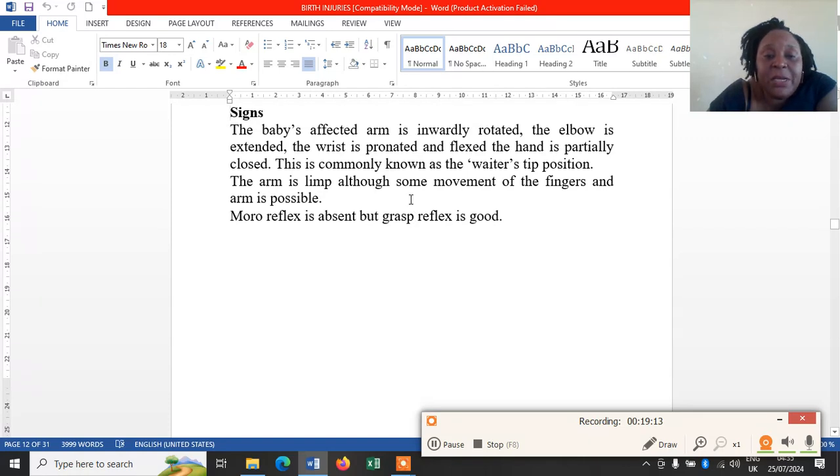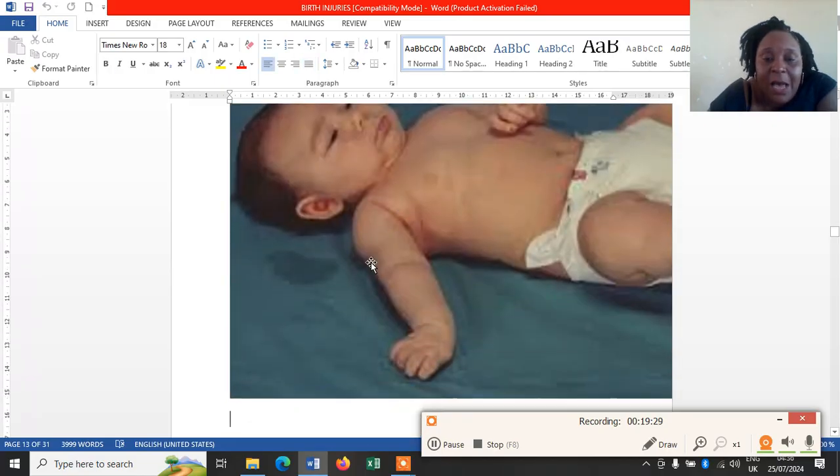And when you try to do a Moro reflex test in this affected hand, the Moro reflex will be absent. But when you try to put something in this hand to test for a grasp reflex, this baby will be able to grasp. So that is a key characteristic of Erb's palsy.